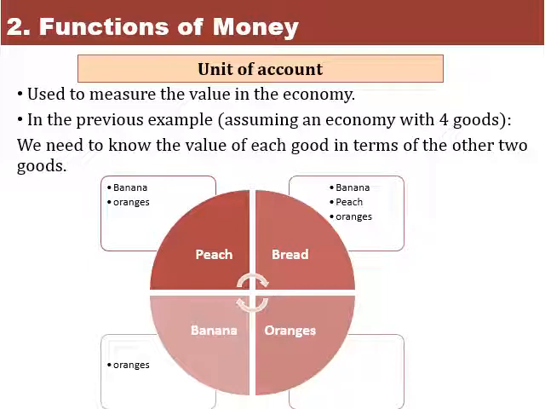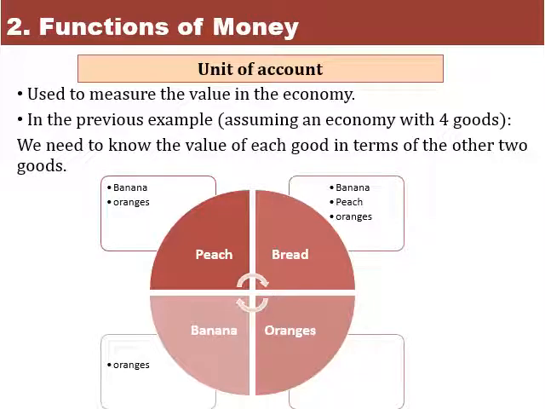In a barter economy, there is no money, and goods and services are exchanged directly for other goods and services, as we explained last week. For simplicity, we will assume that we have only four goods, which are bread, peach, banana, and oranges.